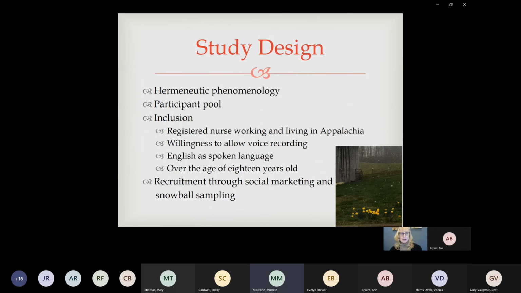Social marketing strategies included asking the state boards of nursing associations to send an email to the members with information about the study. One state approved the marketing strategy, and they sent out an email, and I got 4 participants recruited using that strategy.